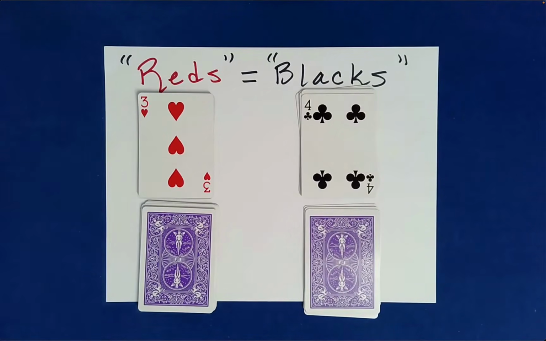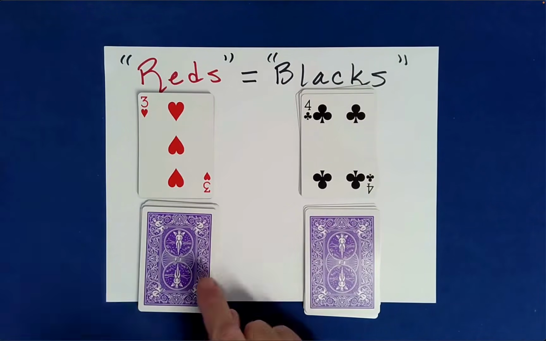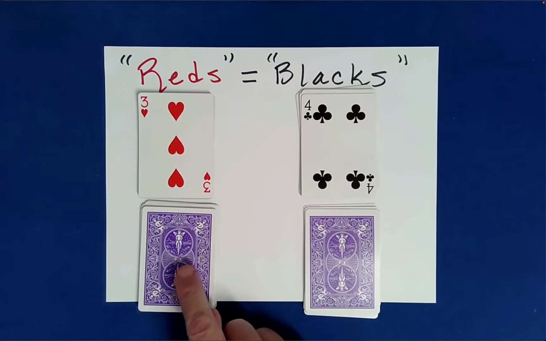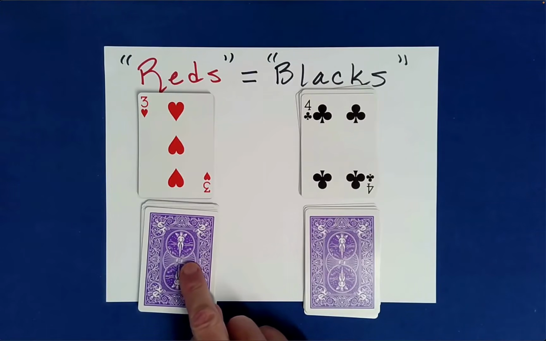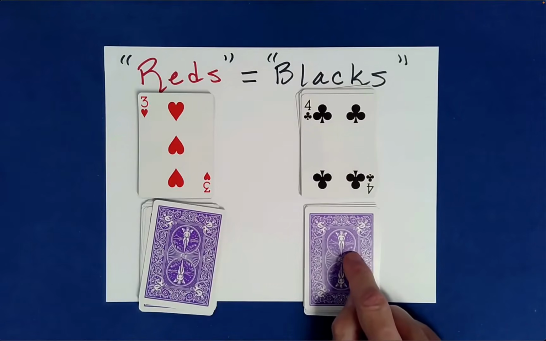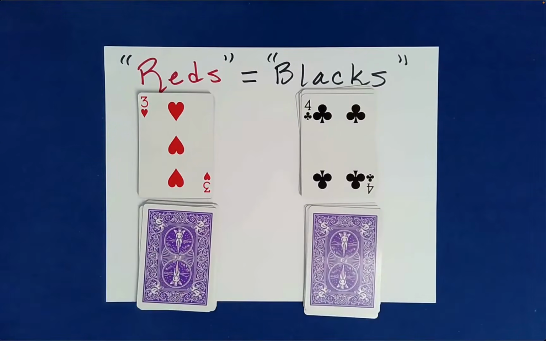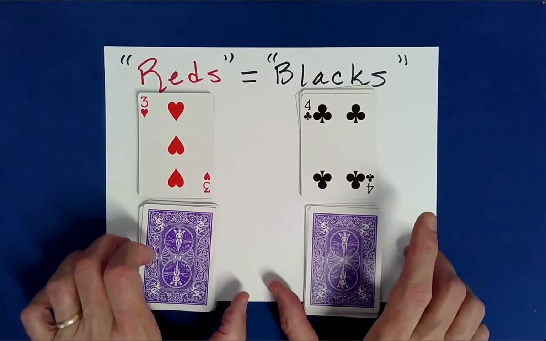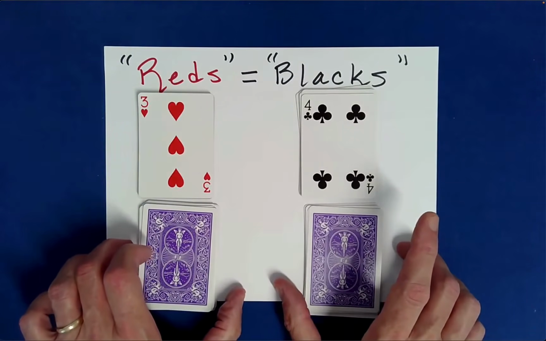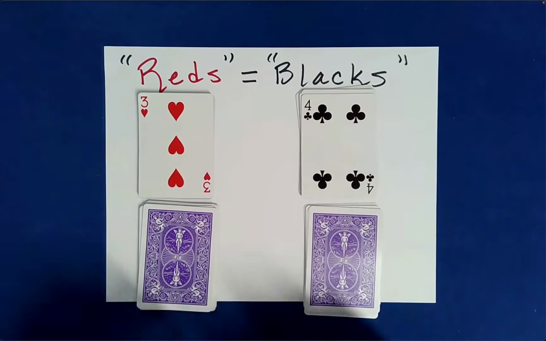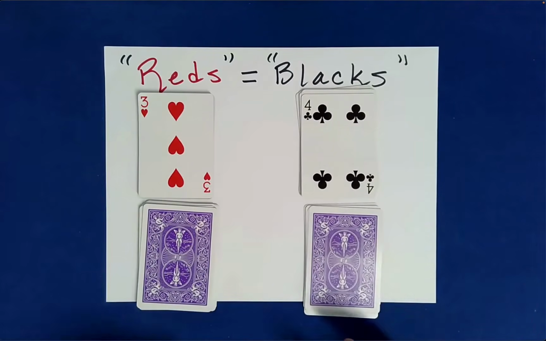Well, it ends up, and it's kind of hard to believe, really, that the number of red cards here must be equal to the number of black cards here. Okay? That is not a direct consequence of the principle that we showed you. Because the principle is that if you have equal portions of reds and blacks in a packet, divide those in two, then that conclusion follows.